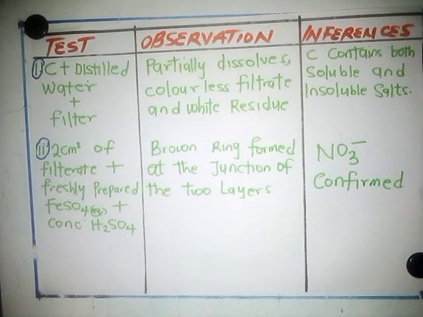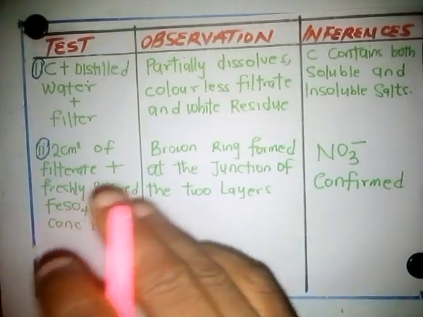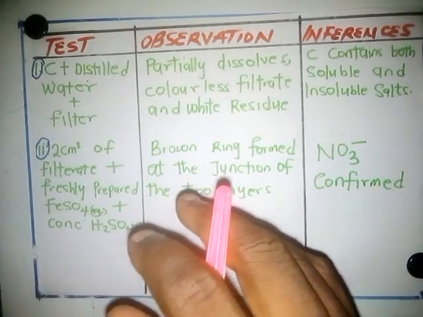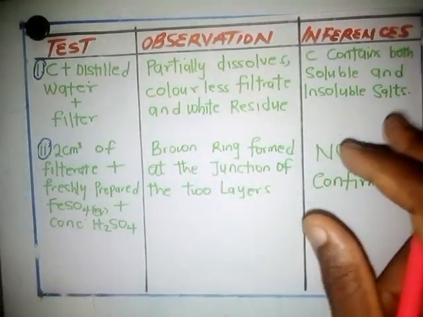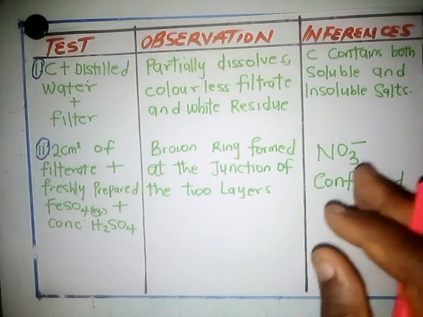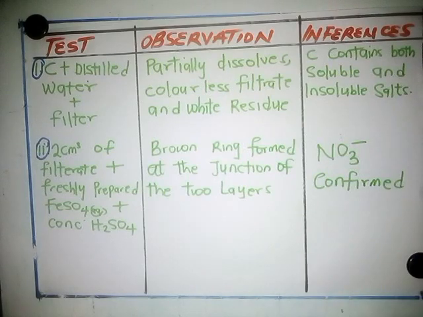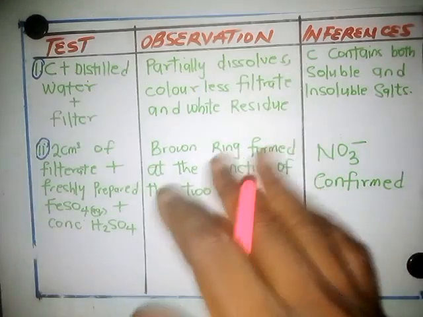Sodium nitrate is formed from a strong acid and a strong base, and so it will not have any effect on litmus paper in the sense that it will be neutral. So just in case they ask you, you can say that there will be no action on litmus. The inference would have been neutral to litmus, as if they ask you. I decided not to add it.